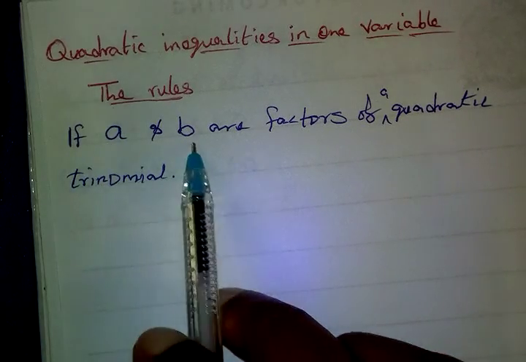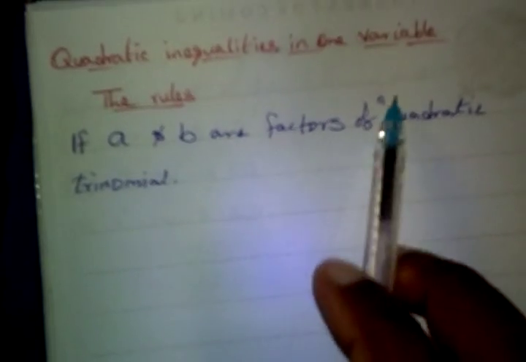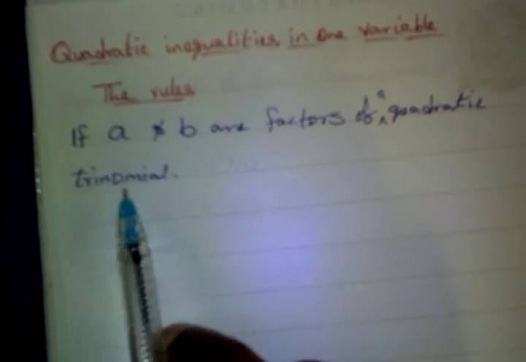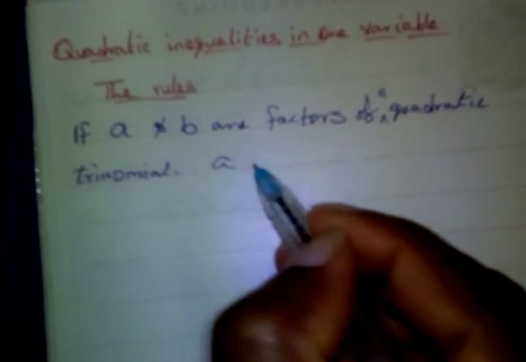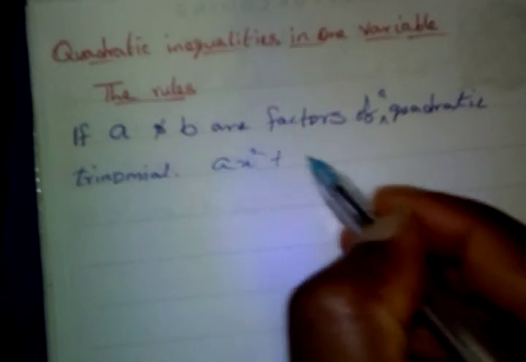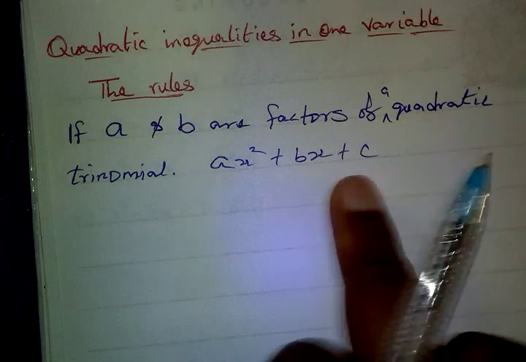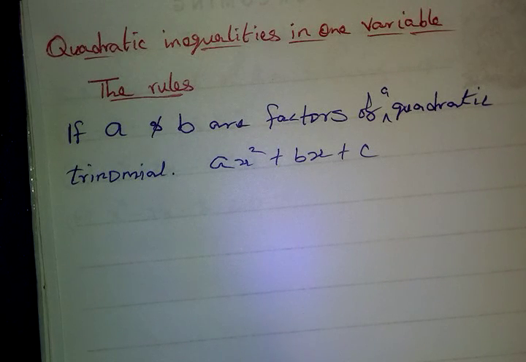If a and b are factors of a quadratic trinomial, remember a quadratic trinomial is an expression such as ax squared plus bx plus c. This is a quadratic trinomial.